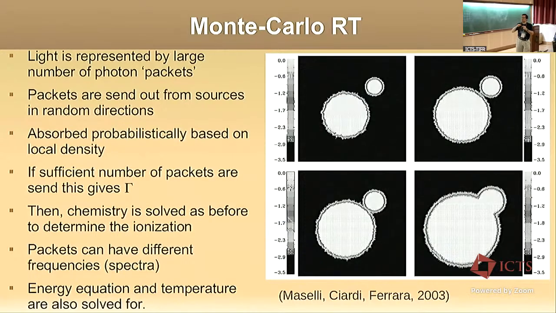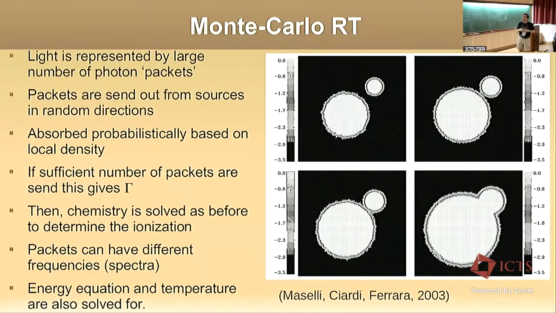Instead of doing this deterministic ray and calculating along the ray like we did before, I say lights are just packets, and I randomly send a packet this way, then pick another random direction, send a packet there, and send many, many packets so I can sample the space around.